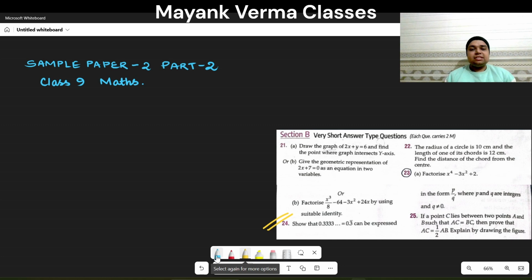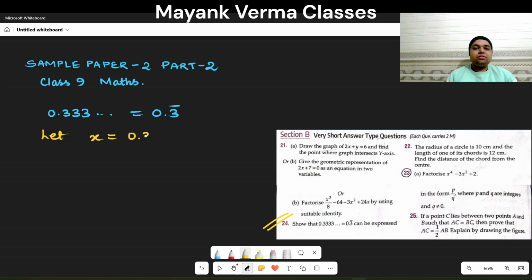So the question says that 0.33... can be written as 0.3 bar, and we will say let x equal 0.3 bar. Now multiply 10 on both sides.